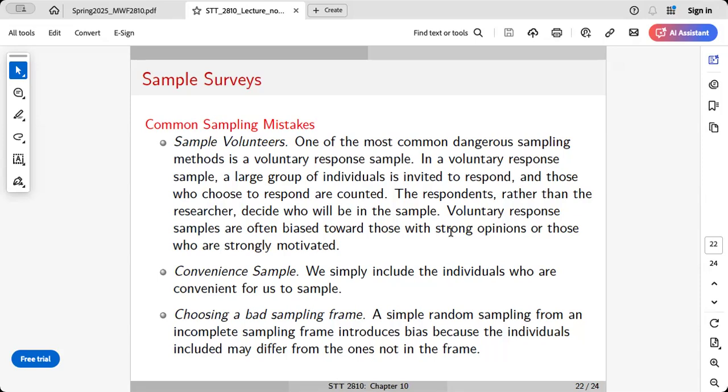It's a bad sampling frame because then you're only going to get medical doctors who are maybe on the adverts, but there are also doctors here who are not on advertisements too. So it's very important that you avoid choosing a bad sampling frame because when you do that, that is going to introduce bias.